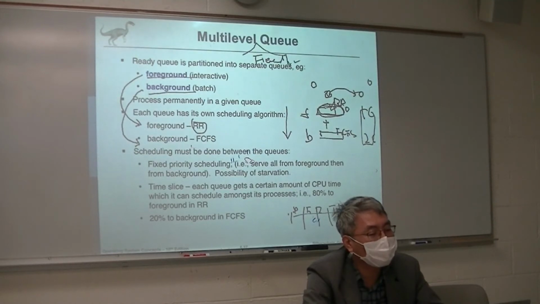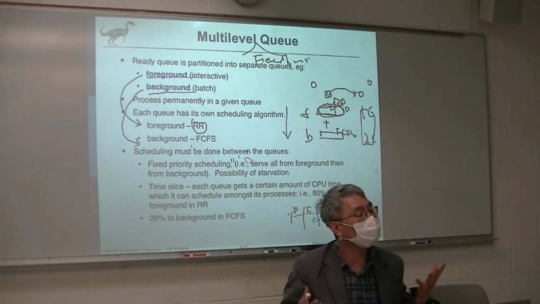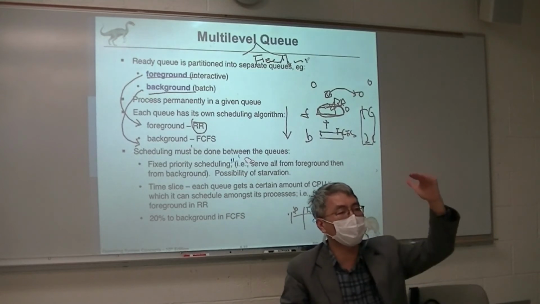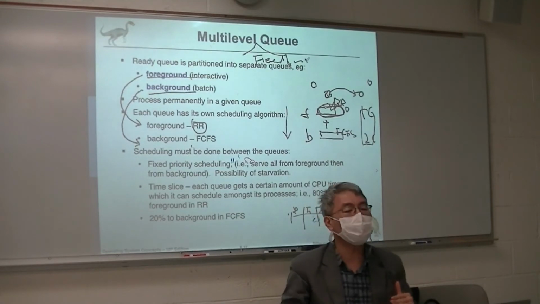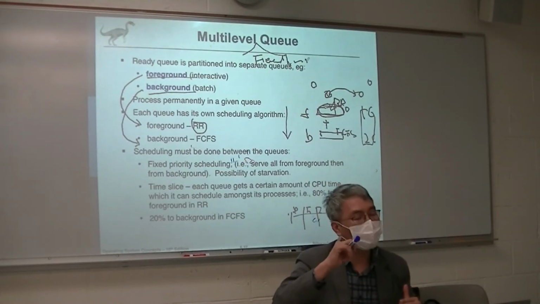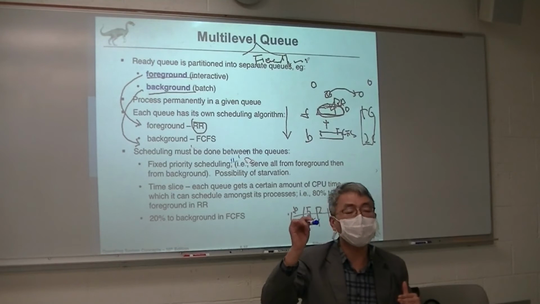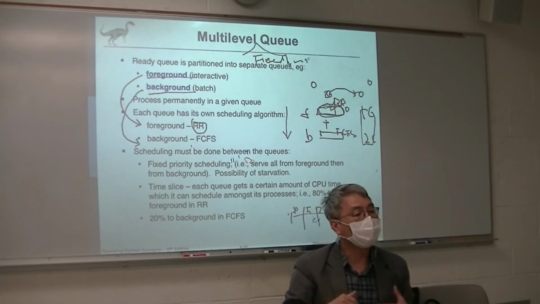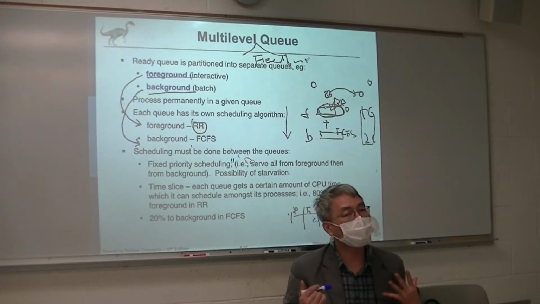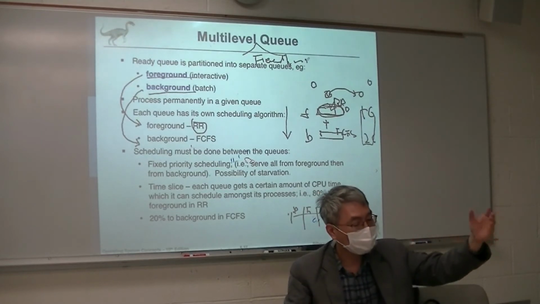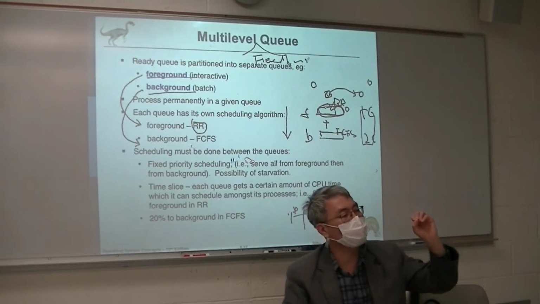So, multi-level feedback queue. In a multi-level queue, we schedule along the number of queues, then assign a specific CPU scheduling algorithm for each queue. However, with such a multi-level queue, we need to decide which one is the foreground and which one is the background.